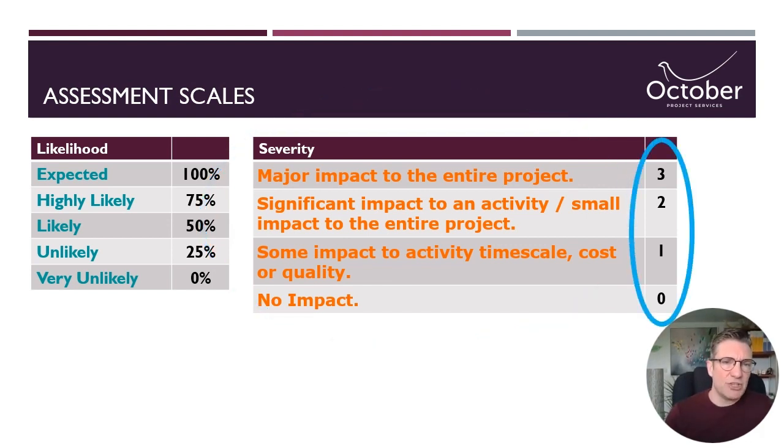Now, this is a very generic example, and of course, it's really important to tailor these words to your projects. For example, make more reference to what major means in terms of the time, quality, or cost impact of each risk. But keep in mind the importance of encouraging a really quick, reasoned estimate rather than over-analysing unnecessarily precise ratings.